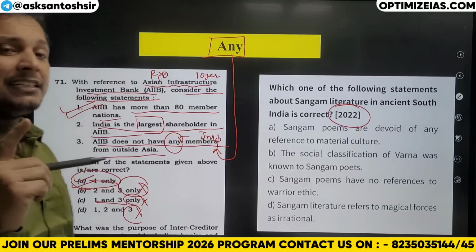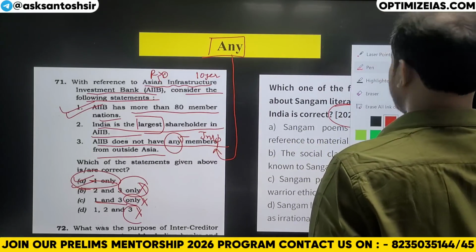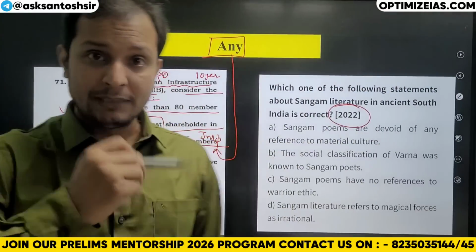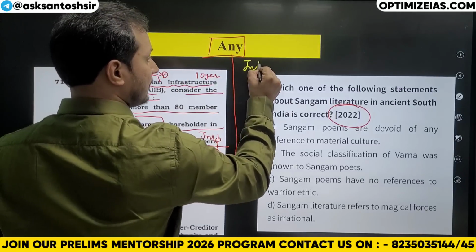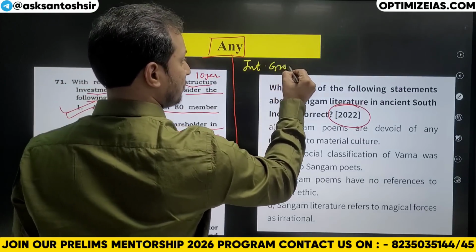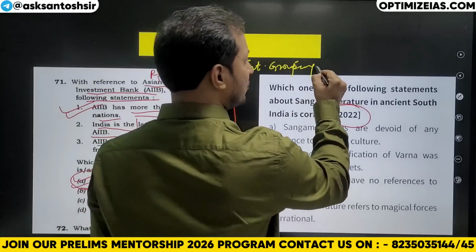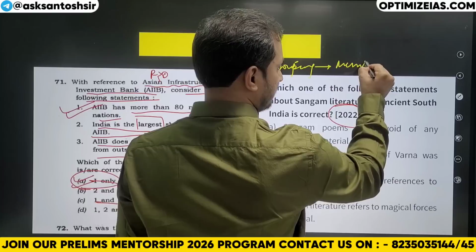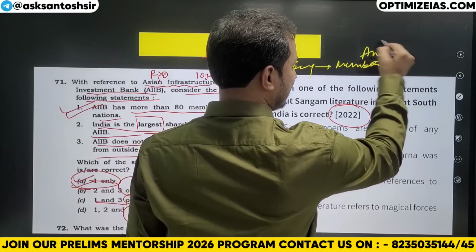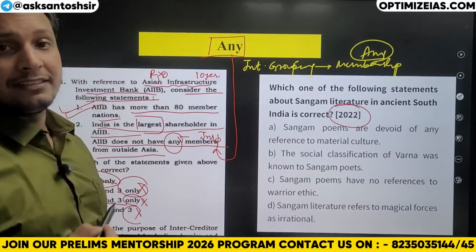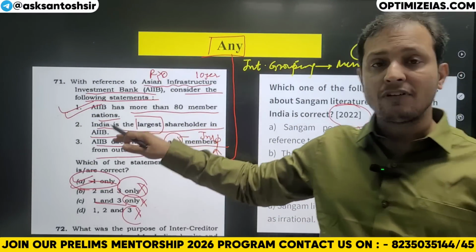Okay, so "any", what is the learning we have taken? I am giving you learnings also, you can keep writing. Whenever they are giving a question on international grouping and they are talking about the membership, and if they are using the word "any", then there are high chances that the statement will be incorrect.